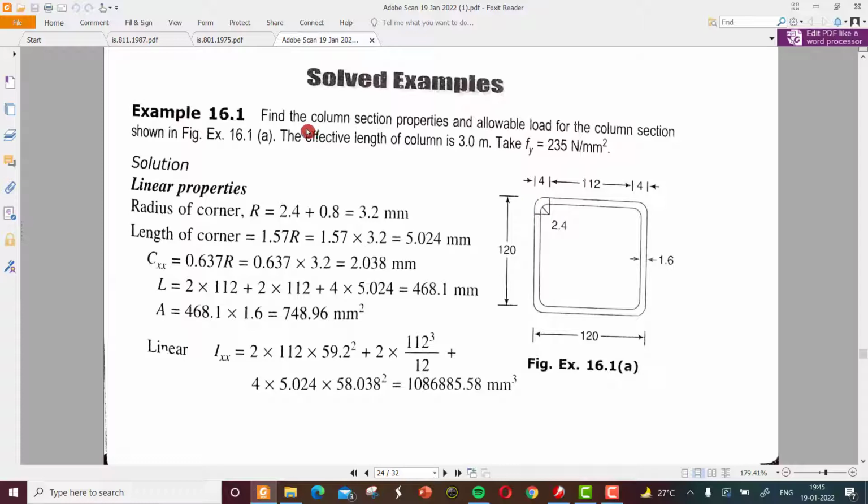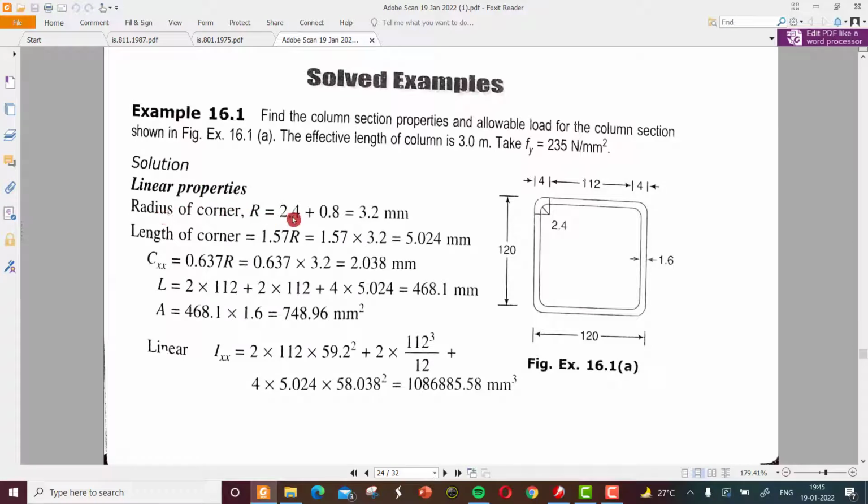The problem: find the section properties and the allowable load for the column section shown in figure example 16.1a. The effective length of the column is 3 meter, and Fy is equal to 235 Newton per mm square.